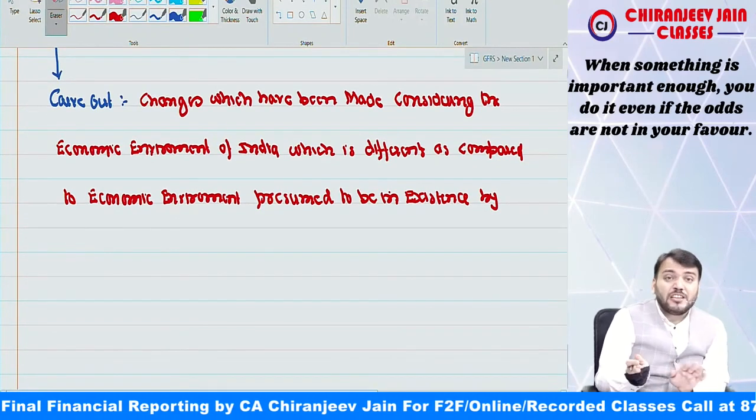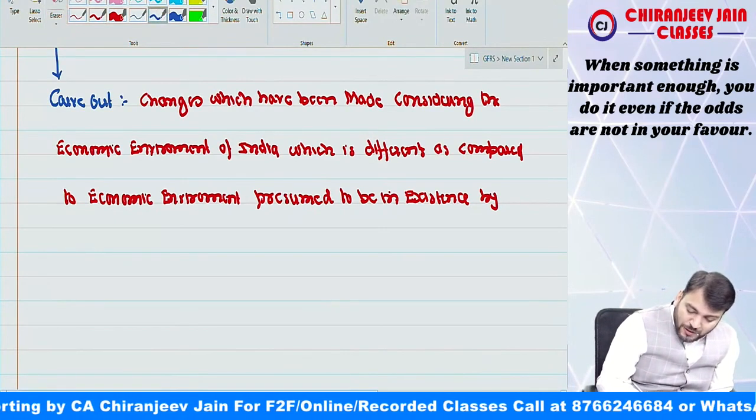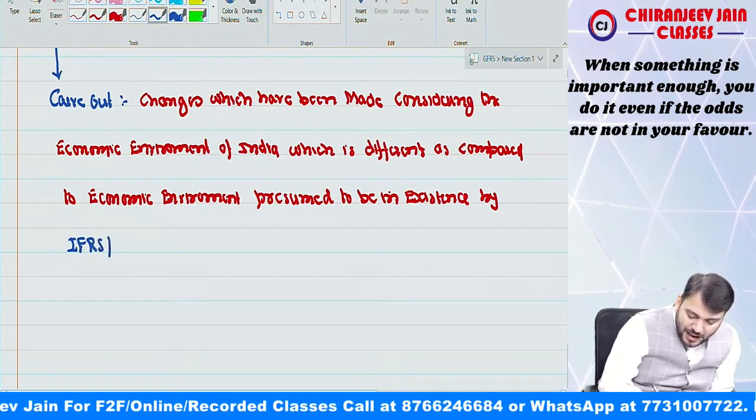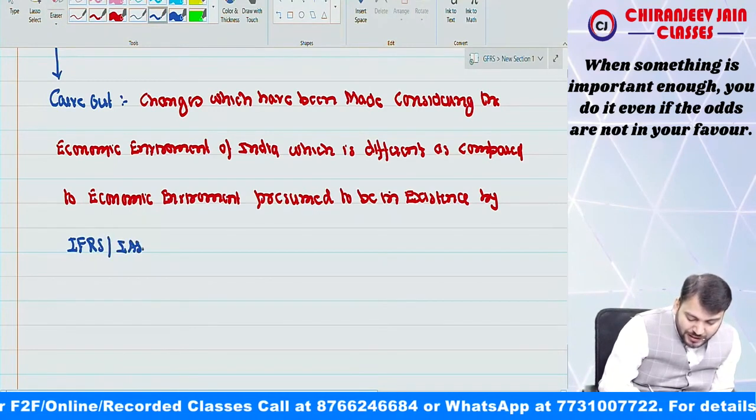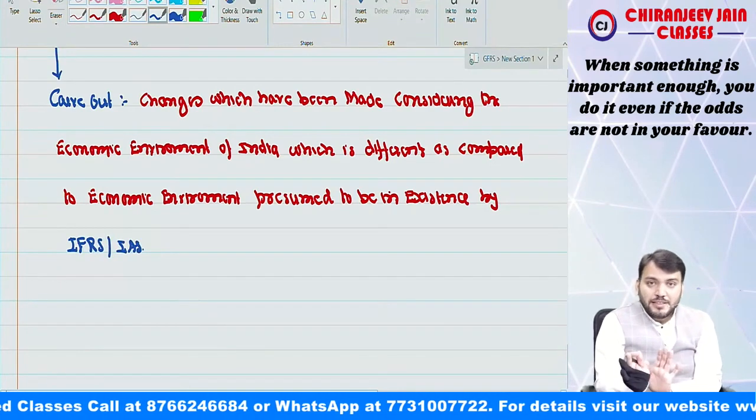So these deviations are known as what? Carve out. I hope you have understood. When I say IFRS, IFRS will also include IAS. Correct? Yes, sir. Carve out, you understood? Yes, sir.